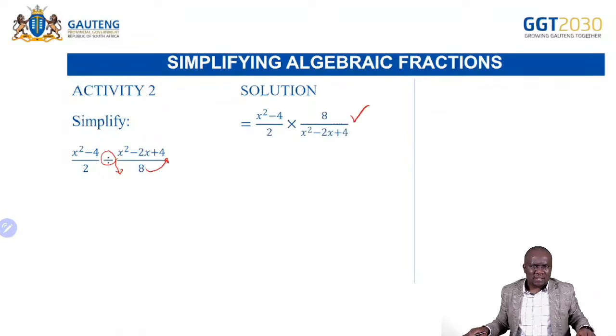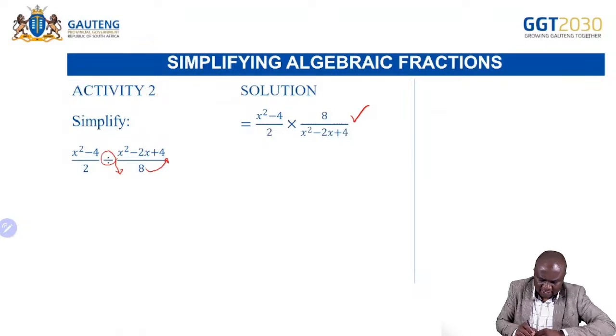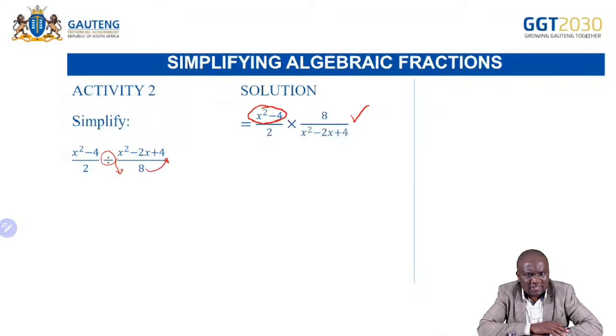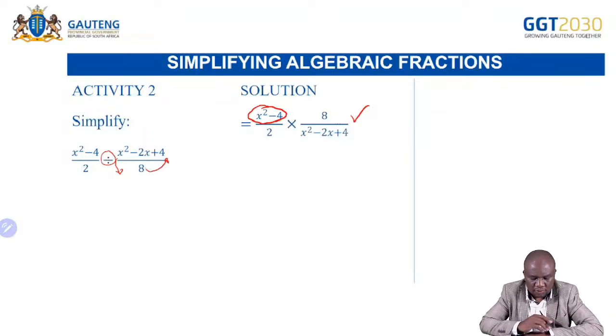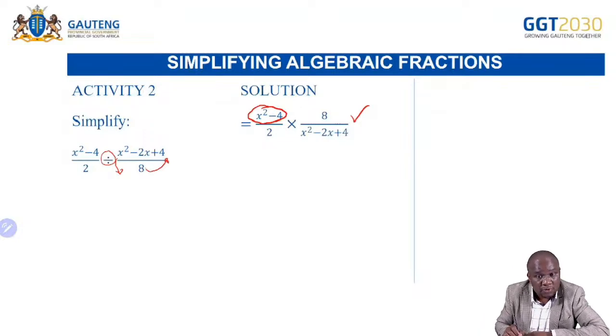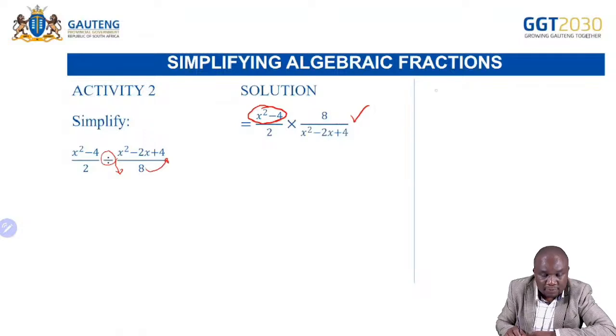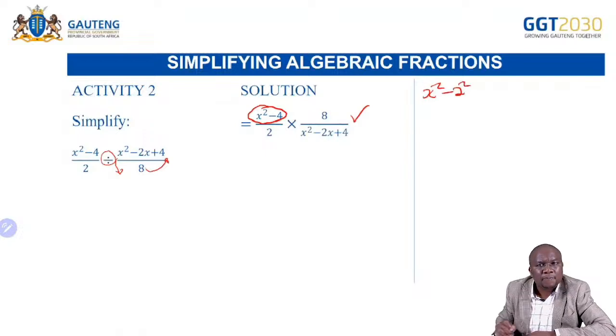Right. Let's look at the things that we have to factorize. Let's start with this one. What did you get here after factorizing? Is 4 a square number? Yes, it is, because 4 is 2 squared. So x squared minus 4 is just the same as x squared minus 2 squared.